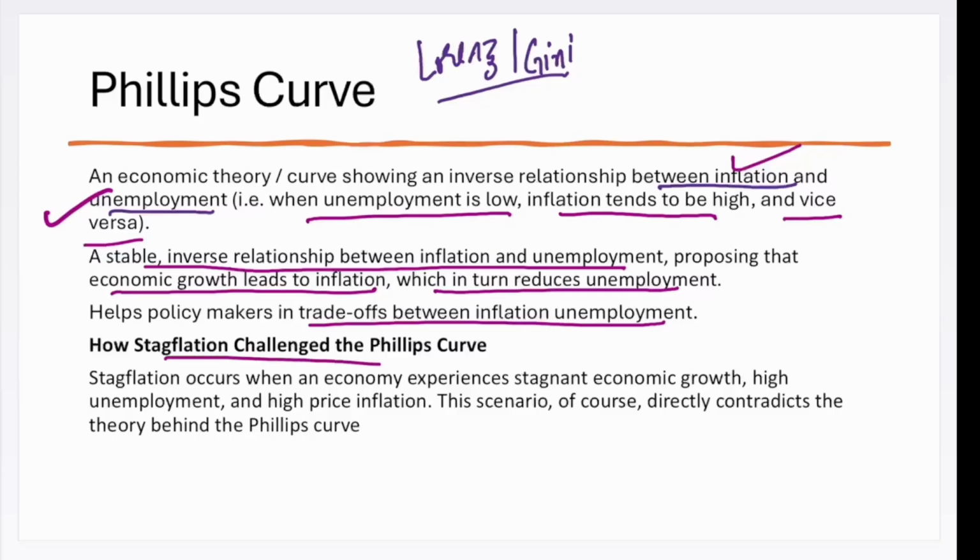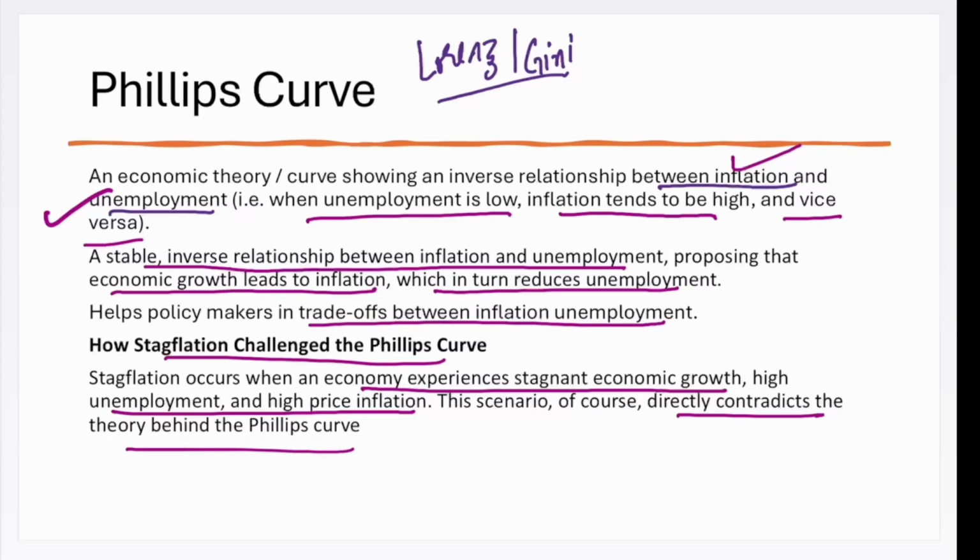So how does stagflation challenge this Phillips curve? What is stagflation? It occurs when the economy experiences stagnant economic growth, high unemployment, and high price inflation. So growth is stagnant, inflation is there, but there is also high unemployment. This scenario contradicts the theory behind the Phillips curve.